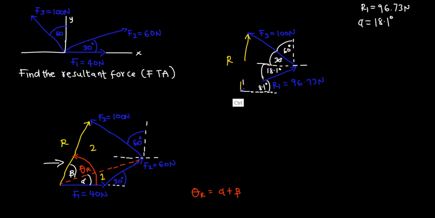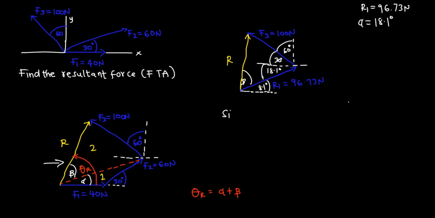Let me join this here, I think I made some mistake there. Okay, and then we have beta here. So the force opposite to the angle beta is F3. Okay, so let's apply the sine rule to find the angle beta.